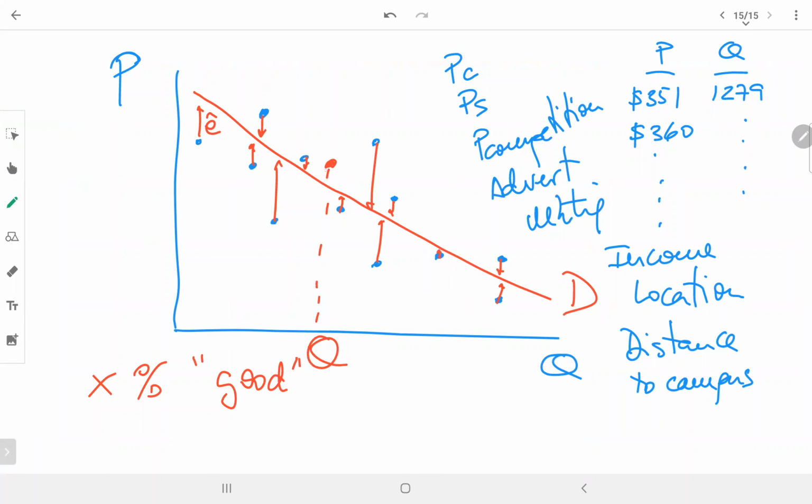Because that's the quantity I want to sell. Would I sell that quantity at that price? That helps me now because I have a model that is built upon that. That's multiple regression analysis. That's all there is to it and nothing else.